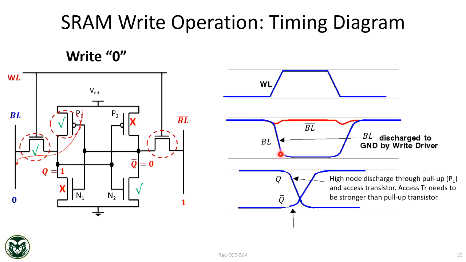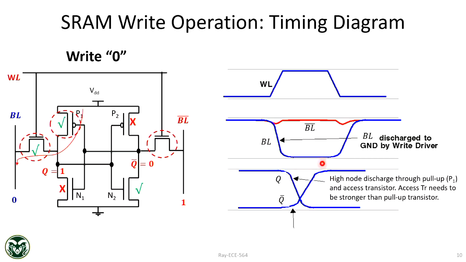Let's assume your idle state is 1, both bit line and bit line bar are 1. The moment you want to write, from that point onwards, you discharge one of the bit lines, and the other bit line stays the same. The little glitch you see is because one bit line is going down, so there will be some bit line to bit line capacitive coupling, but that's very little. Bit line bar will remain at 1, bit line will go to 0 because you want to write 0, and then this action will take place.